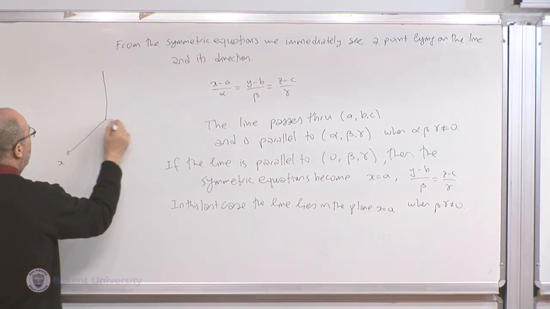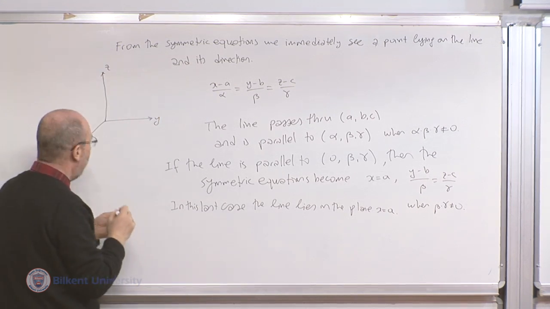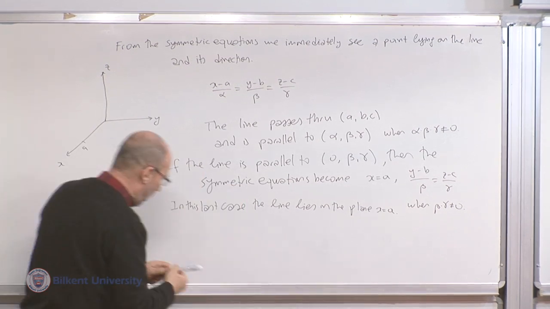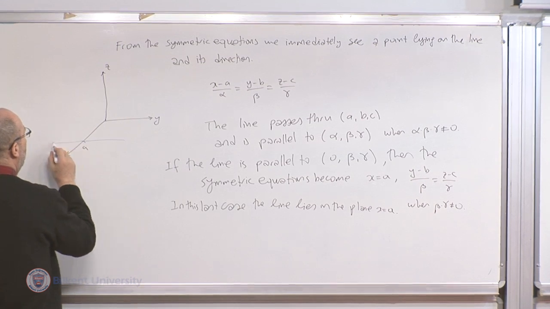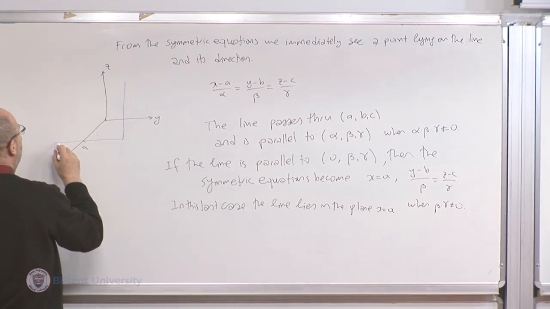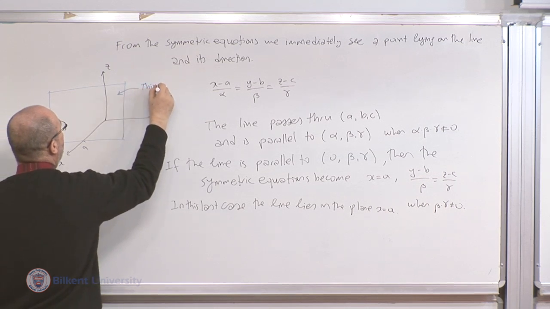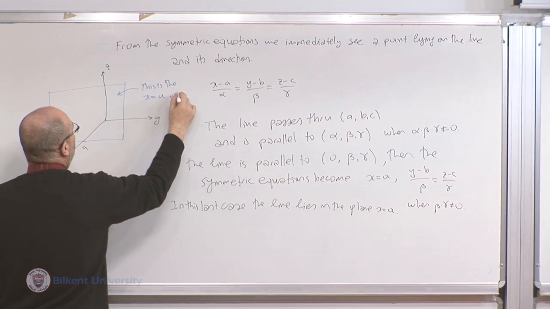This is x, this is y, this is z. And at x equals a, here we have a plane. So let me again draw the plane like this. Okay, so it also goes like this. So we have this plane, the x equals a plane.